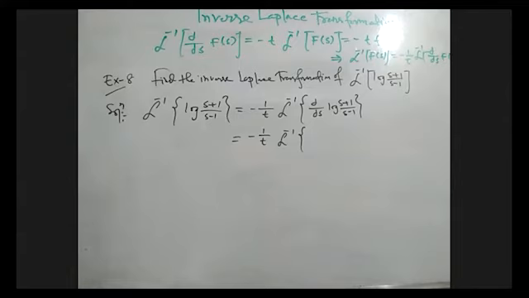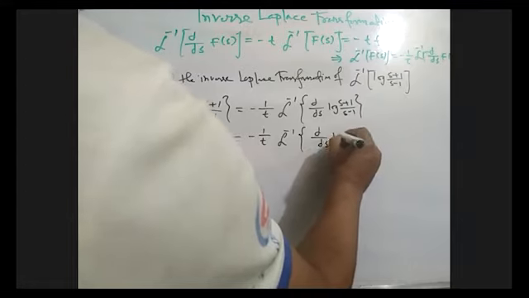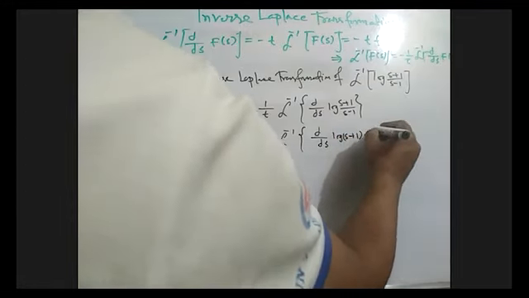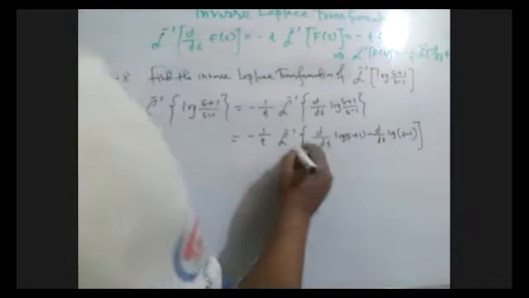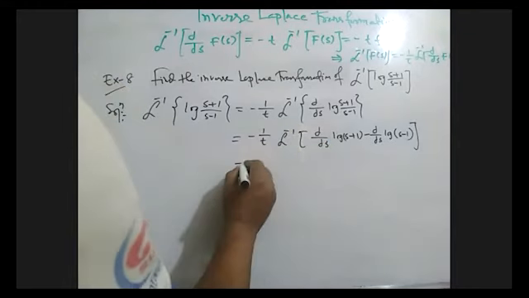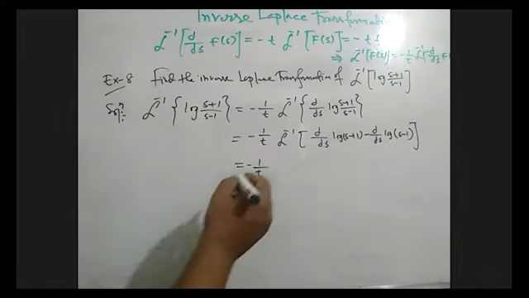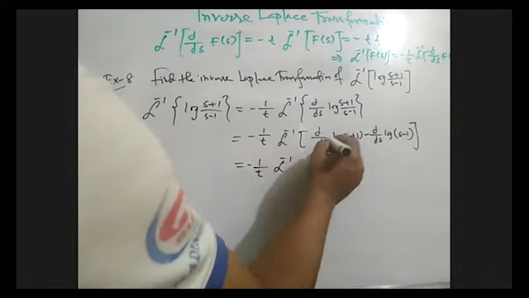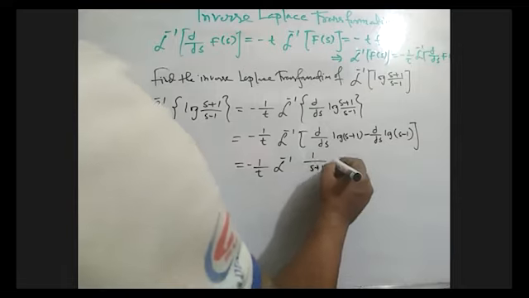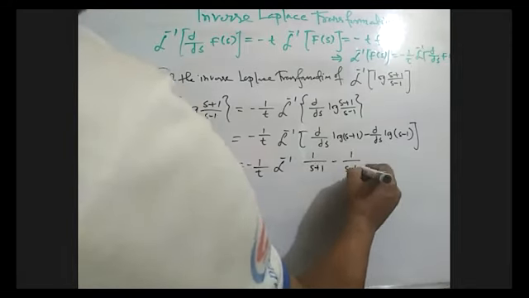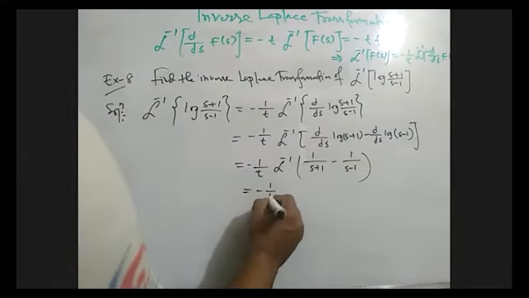So d/ds of log(s+1) minus d/ds of log(s-1). Using the formula for log x, the derivative is 1 by x. So 1 by (s+1) minus 1 by (s-1), with respect to s.